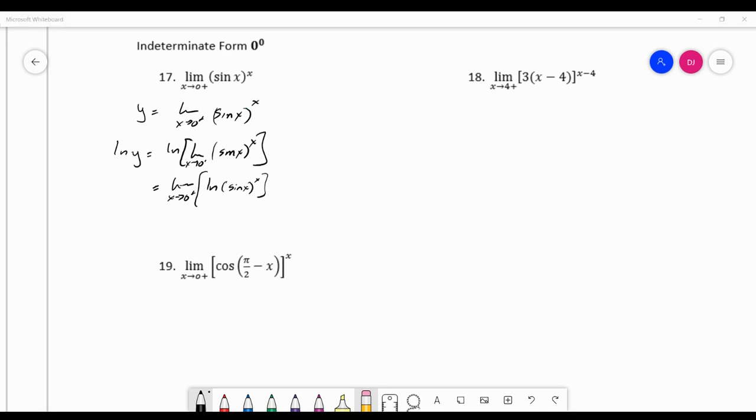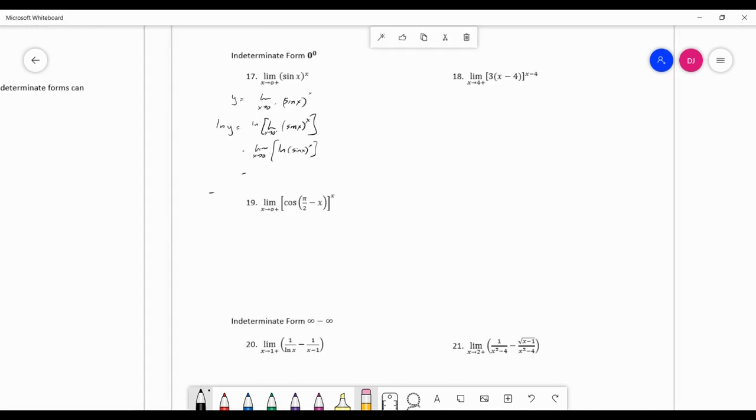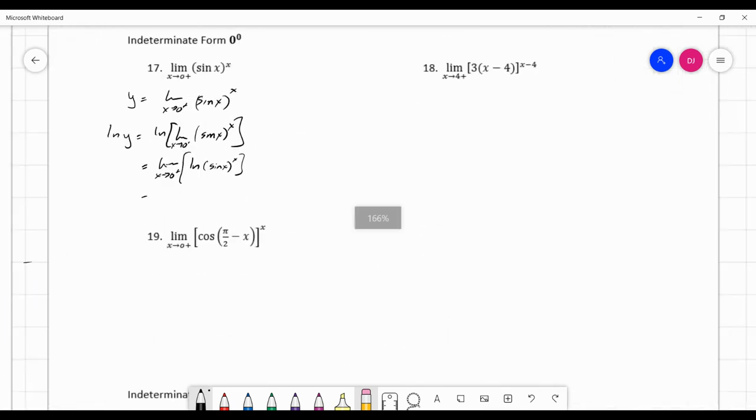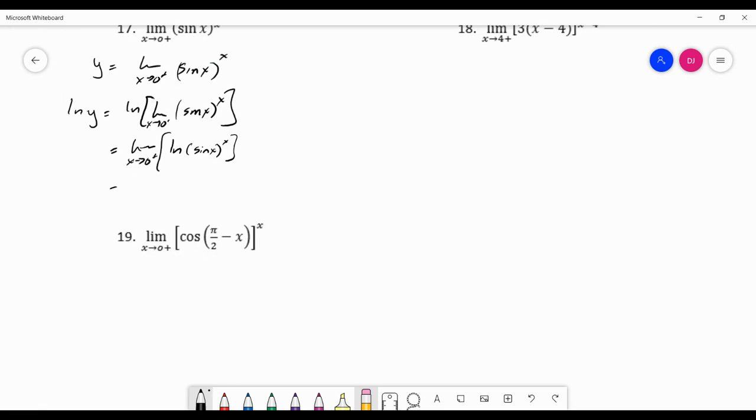And so that equals the limit as x approaches 0, log rules tell me that's x times the natural log of the sine of x. Now as x approaches 0, the sine of x is approaching 0, and I've got the natural log of 0. That's an infinity. So I've got 0 times an infinity.